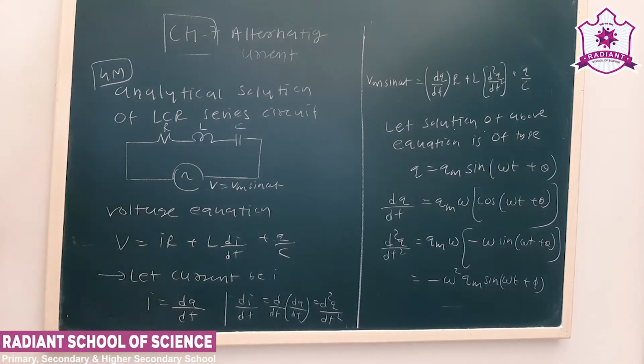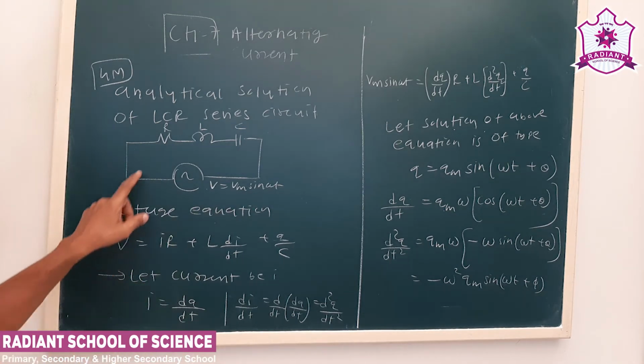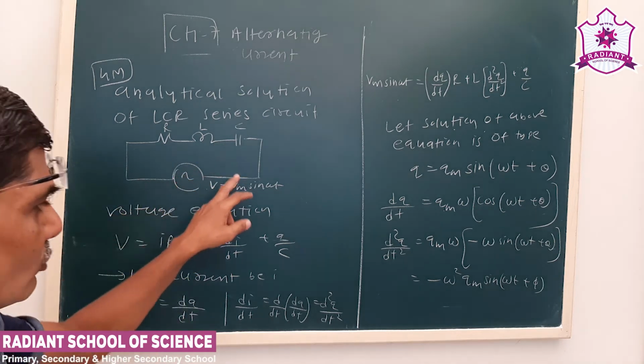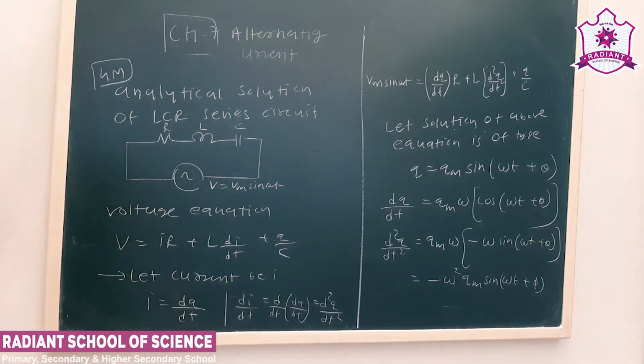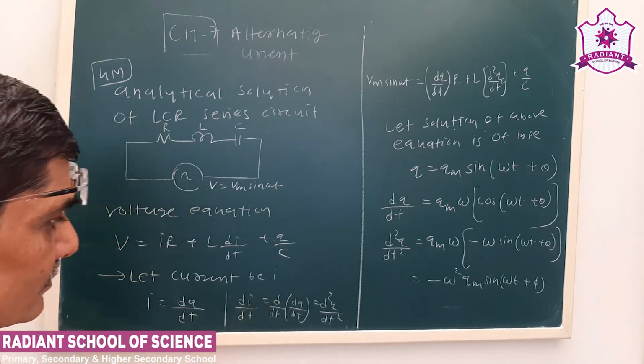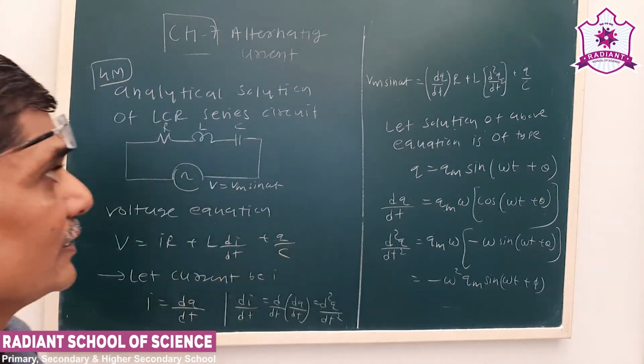If I is the current, then the voltage across the resistor is IR, the voltage across the inductor is L di by dt, and the voltage across the capacitor is Q by C. It is known to us that I is dq by dt, and di by dt is d by dt of dq by dt, that will make d square q by dt square.